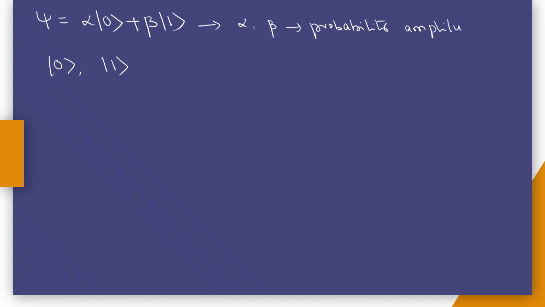In what way can we represent this qubit mathematically? That part we are going to discuss here by using vectors. If you want to represent this qubit mathematically, these states are described as vectors in a two-dimensional complex vector space, called Hilbert space.